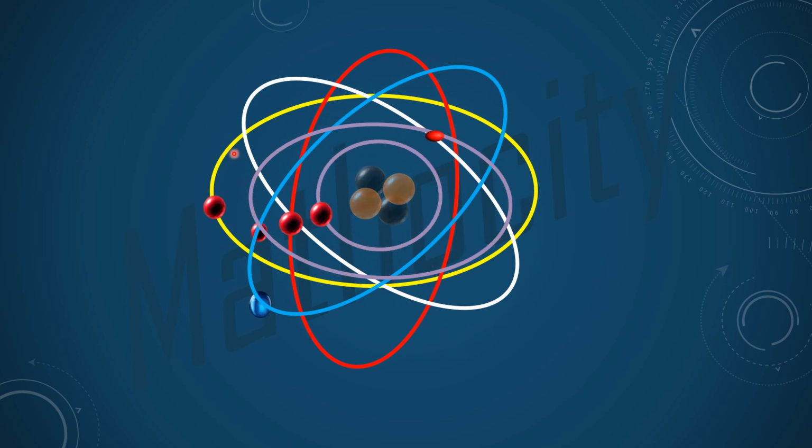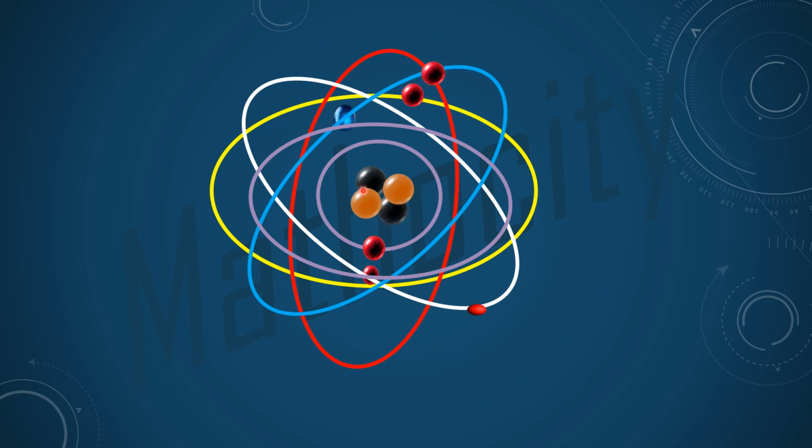Children, before discussing the quantum mechanical model of the atom, observe this animation. You will find a nucleus inside the atom. These are the protons, these are the neutrons, and the nucleus is made up of protons and neutrons. Observe this carefully.